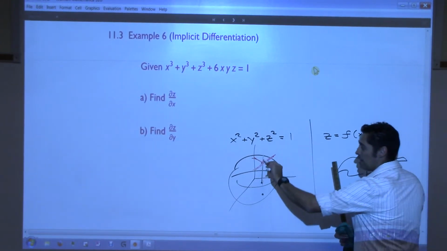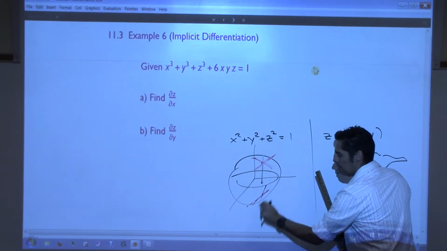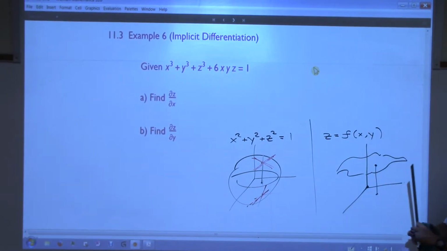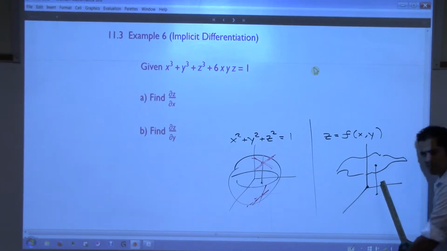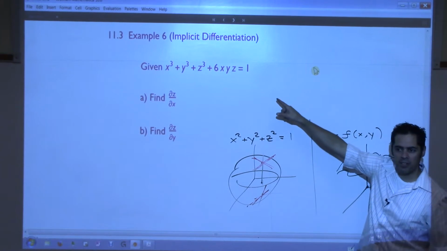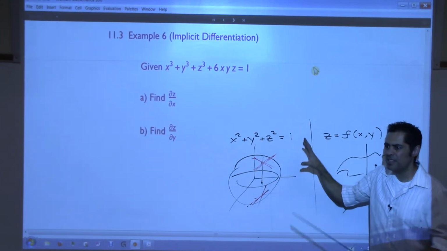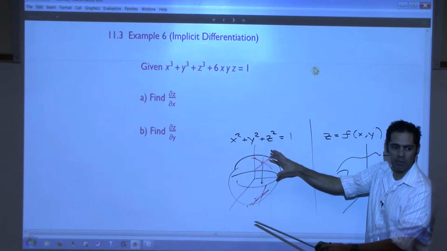Even though there's another point on the other side. We should be able to point parallel to the x and y axes and still get two different answers. Our way around this trouble is implicit differentiation. It allows us to still pick these up, even though this is not a function of x and y anymore.